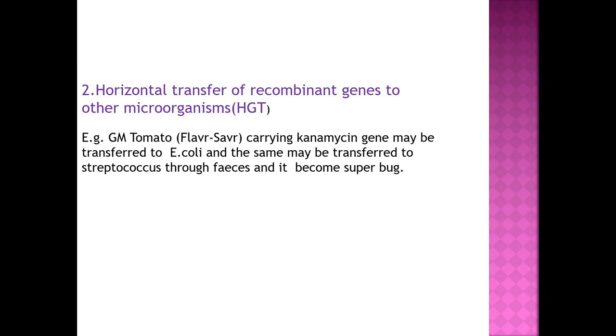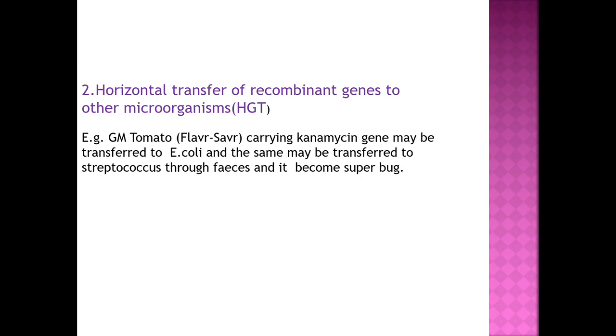You should remember, the flavr savr tomato is unable to produce the enzyme polygalacturonase. So when this enzyme is not produced, there is no dissolution of the pectin present in the cell wall of the tomato, because of which the shelf life of the tomato is increased.